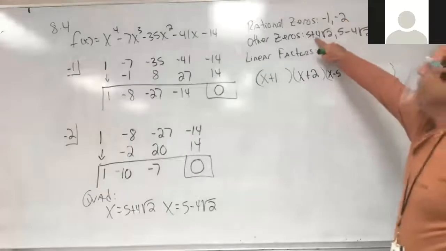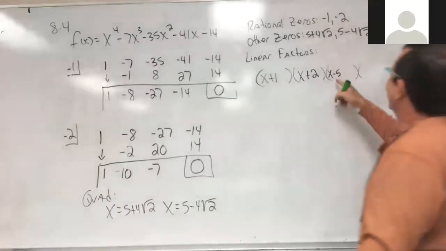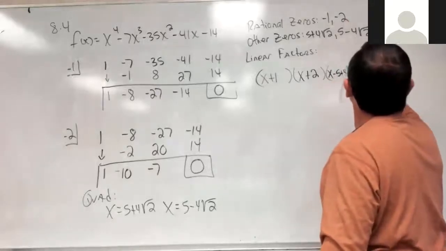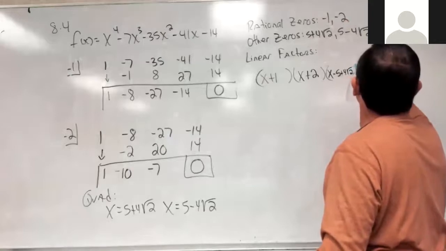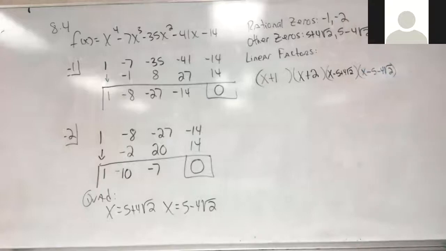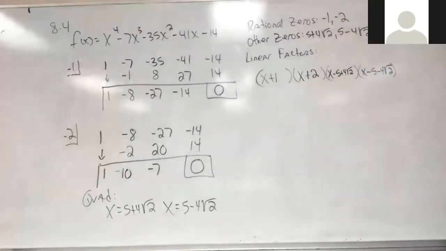And then y'all, if you make this one negative, you're going to make that positive, so it don't matter. So this is plus 4 square root of 2, and then you get x minus 5 minus 4 square root of 2. So I'm just changing everybody's sign when I bring it into my linear factors. So that should be the 2 trickier ones of those.